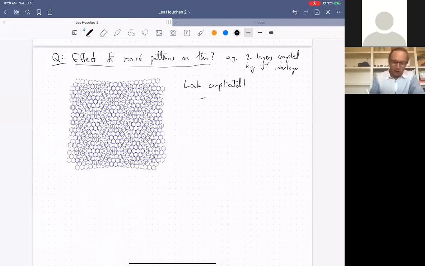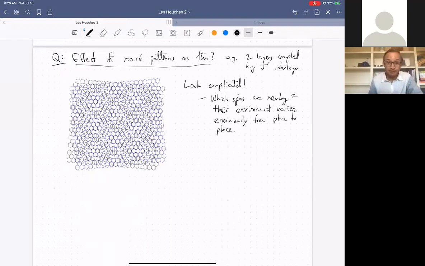Why is it complicated? Well, if you ask which spins are nearby and what their environment looks like, it varies enormously from place to place. So, one would atomistically have to search through this structure and decide, okay, what spin is close to one other spin in a nearby layer?